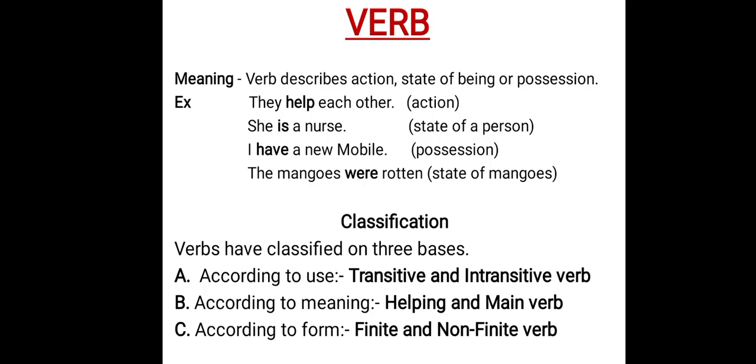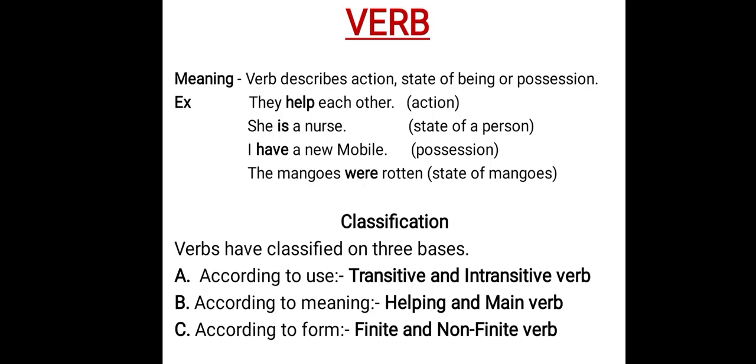We may further understand it through these examples. As you can see, the first example says, they help each other. Here the highlighted word is help, which is a verb, and it describes an action. When we help someone, we do something, and that is action.